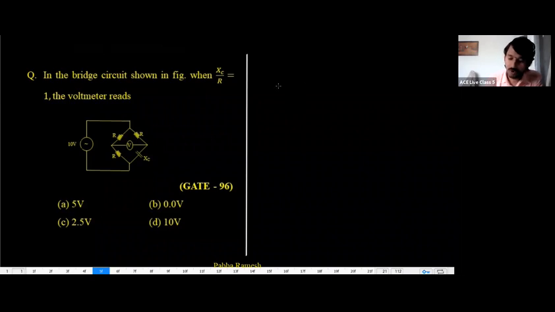Yeah, almost all people are giving answer as option B. This is what the confusing point. Almost all are giving option B only.